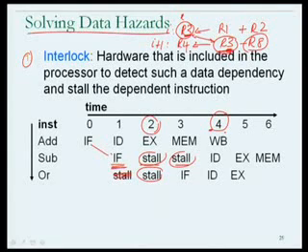Therefore, as far as the OR instruction is concerned, the earliest that it could be fetched would be cycle number 4, followed by being decoded in cycle number 5, etc. Now the question that arises at this point in time is, what if the OR instruction also uses as its source operand register R3?